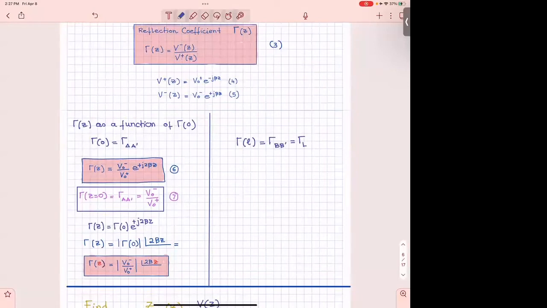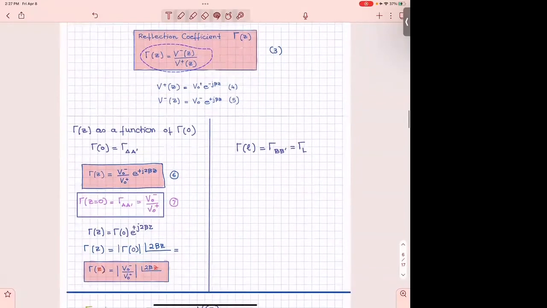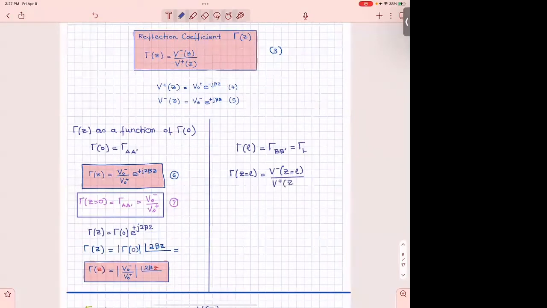At the end, according to the definition of the reflection coefficient, number 3, which is here, what do we have? That gamma at the end of the line is going to be V minus, when z is at the end of the line, divided by V plus, when z is at the end of the line.